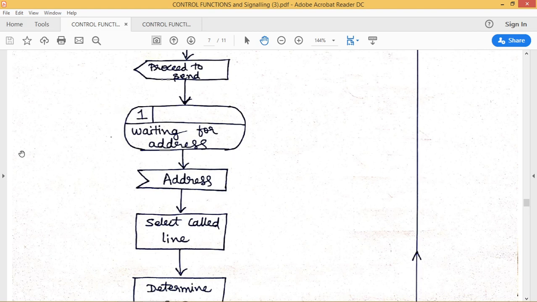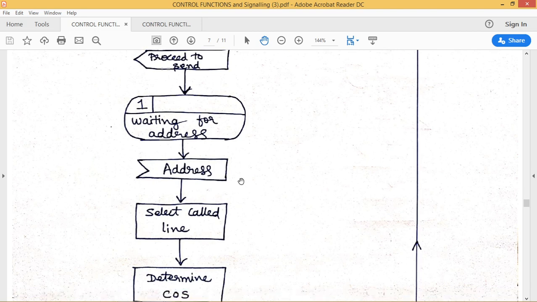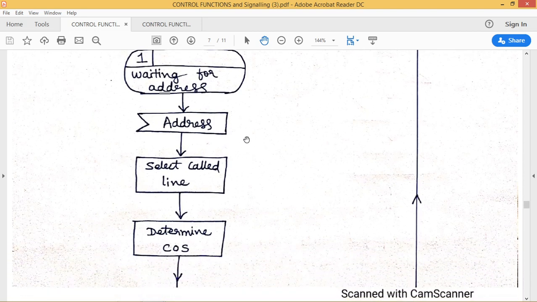So once the calling person starts dialing the number, once he completes dialing the number, the address signal will be sent to the exchange. So that is what the inward arrow is. So this is an event box. So the address signal is given to the exchange, and now the exchange will decide where the intended destination or called person is.